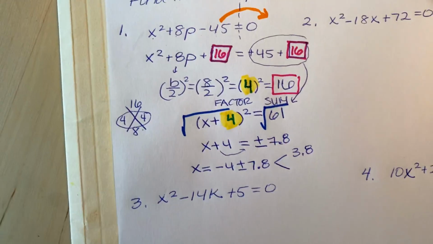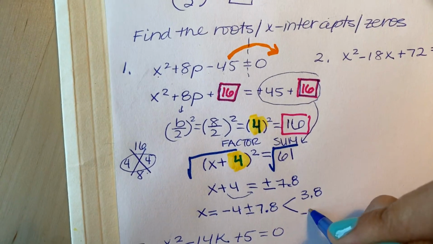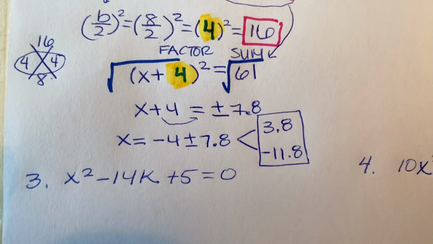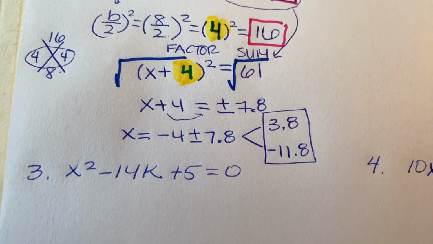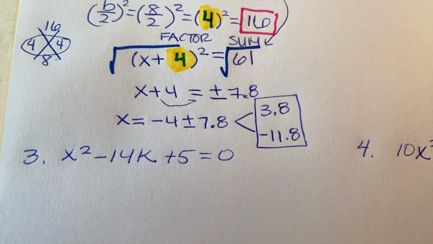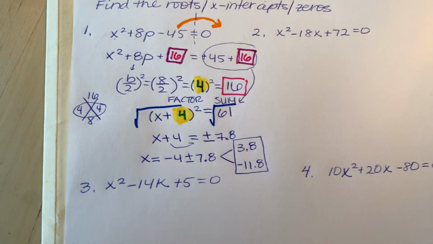And then my other root, well, I don't have to do that. -4, -7, you just add them, keep the sign. -11.8. And so these two are my intercepts, my roots, my zeros, my solutions. It's where the parabola crosses your x-axis. Yes. Okay, 2 and 3, go ahead and do those.